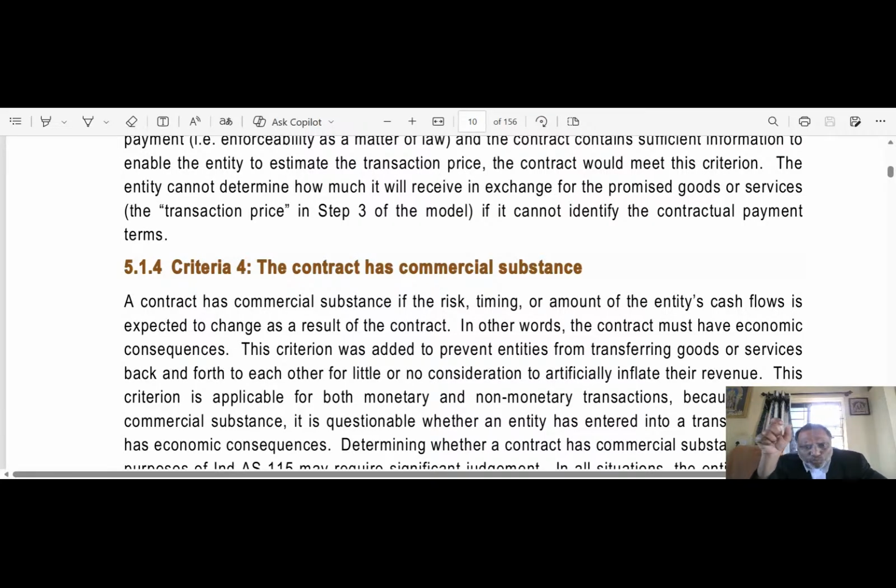This criterion was added to prevent entities from transferring goods or services back and forth to each other for little or no consideration to artificially inflate their revenue. This criterion is applicable for both monetary and non-monetary transactions, because without commercial substance, it is questionable whether an entity has entered into a transaction that has economic consequences.